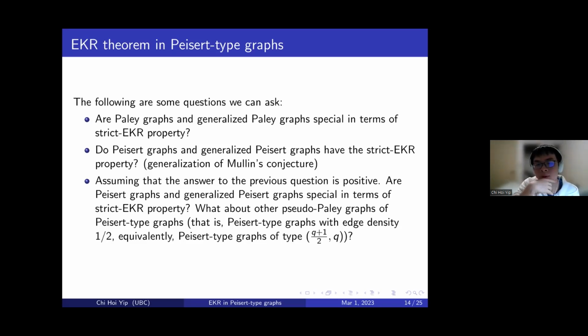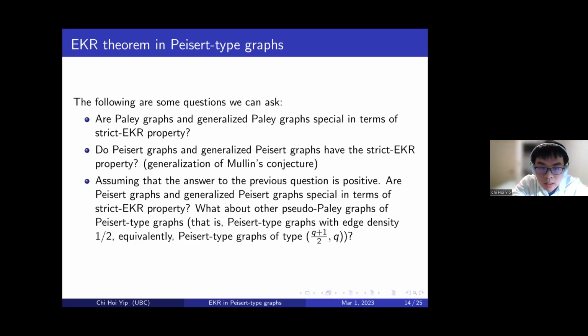In particular, we are most interested in the case of pseudo-Paley graphs. That means we consider those Peisert type graphs with edge density half. Equivalently, we consider those Peisert type graphs whose connection set has exactly (q+1)/2 cosets. These graphs are automatically pseudo-Paley, even though they are not strongly regular.